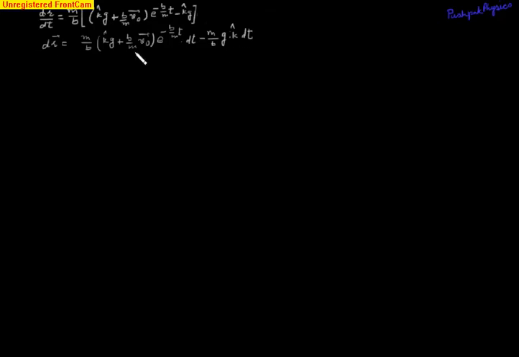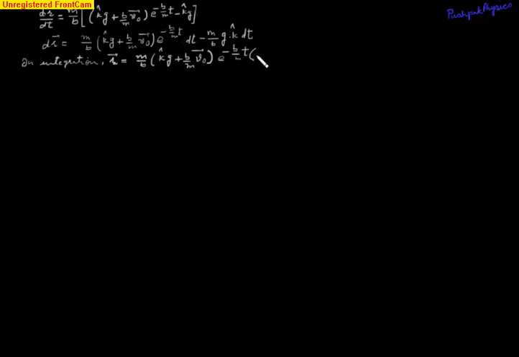Now let us integrate both sides. We get on integration r on the left hand side equal to m over b along k, g plus b over m v naught vector, e to the power minus b over m into t, multiplied by the coefficient which will go in the denominator on integration.